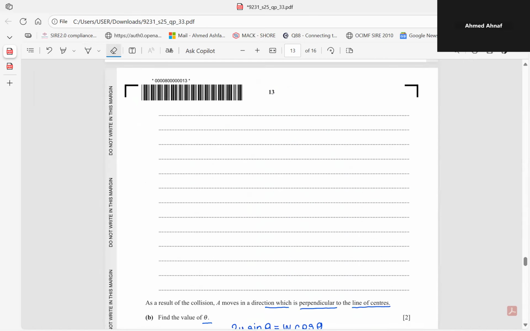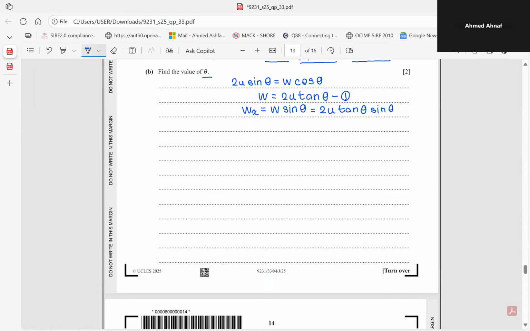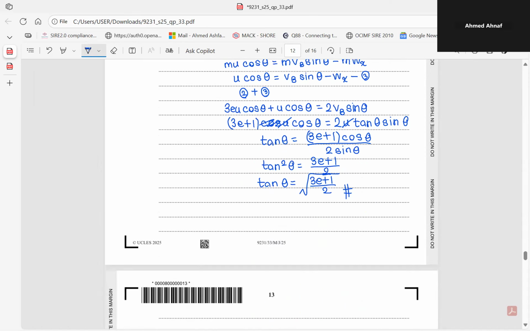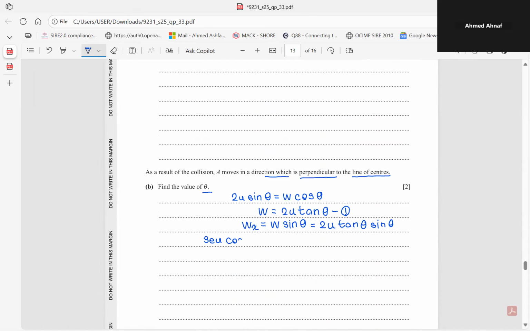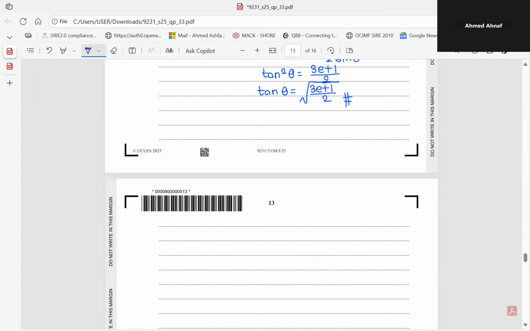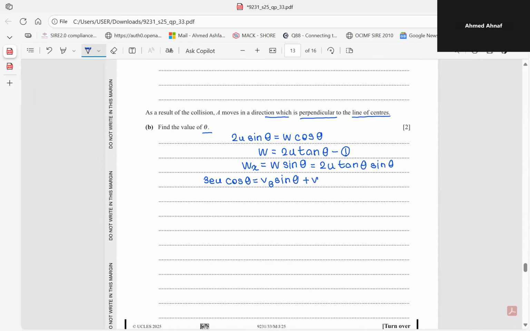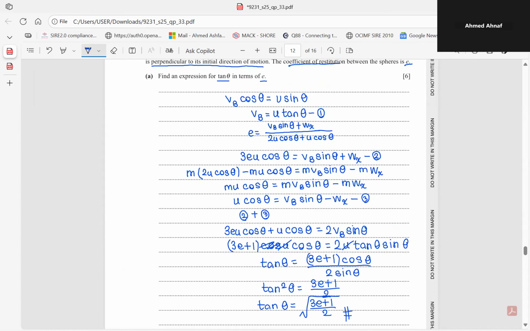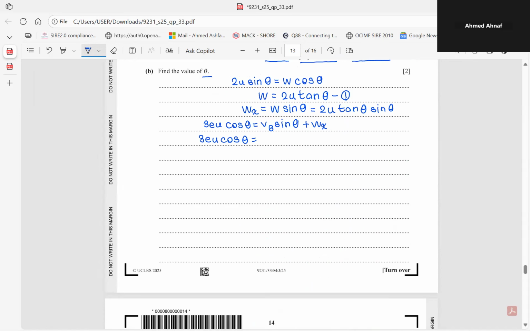So the second equation, 3eu cosine theta equals VB sine theta plus WX. So we get 3eu cosine theta equals VB, that is u tangent theta.